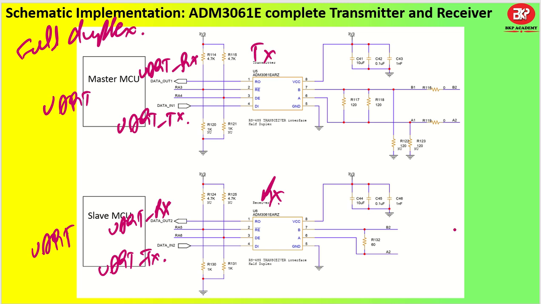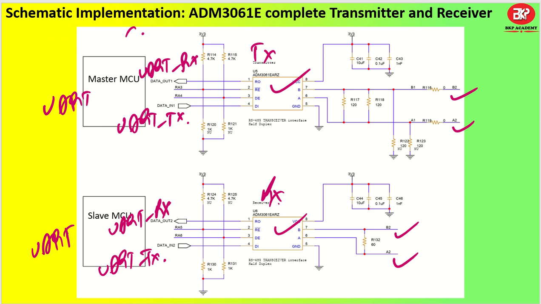And if you see, B2 has been connected to B2 and A2 is connected to A2. So this is acting as a transmitter, this is acting as a receiver. So this is a complete loopback that you can draw together. And this is not a full duplex IC, this is a half duplex IC only, but put together both the ICs are working as full duplex. Now we'll see what a full duplex IC configuration looks like.